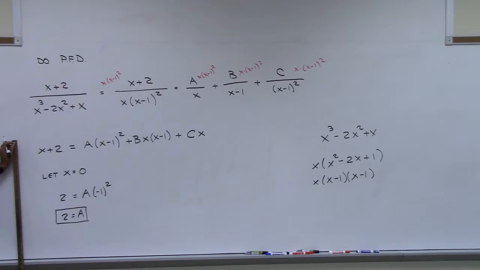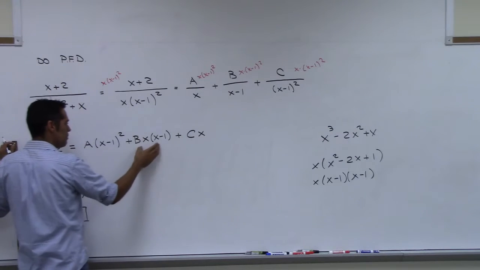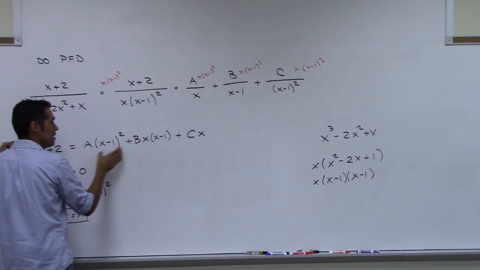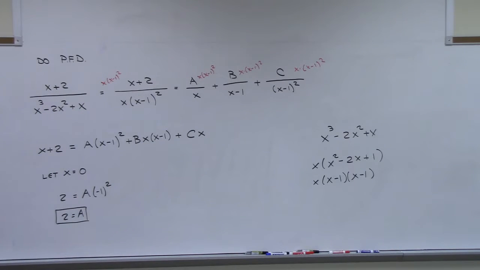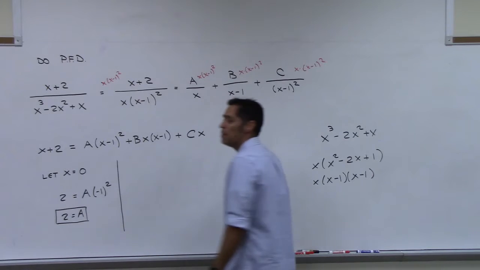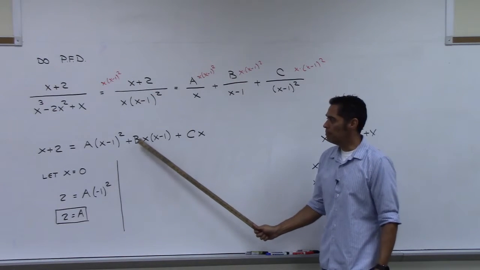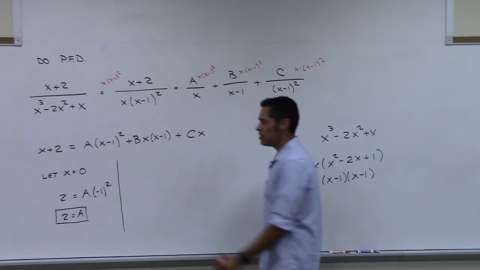Can we get C? Yeah. We could get C by killing both of these. How can I kill both of these without killing C? If x is 1, right? So let's try that. Does everyone understand that B is a problem? B is difficult to get, but we can get C.